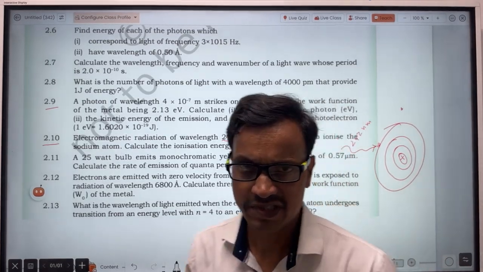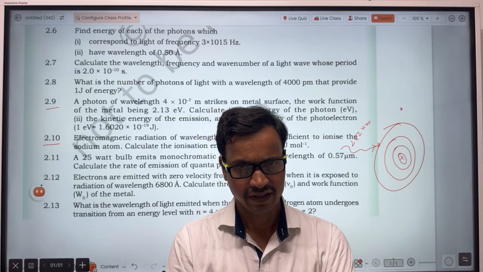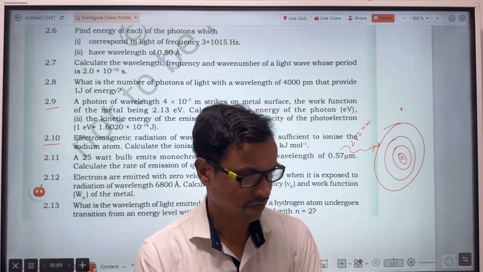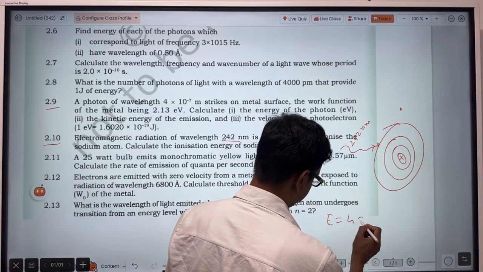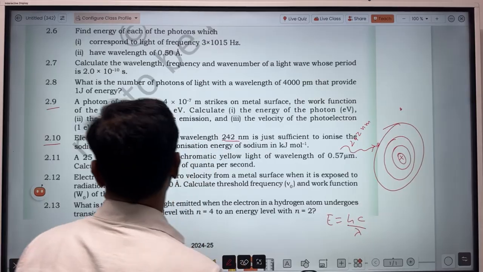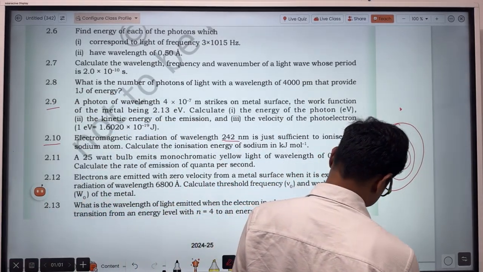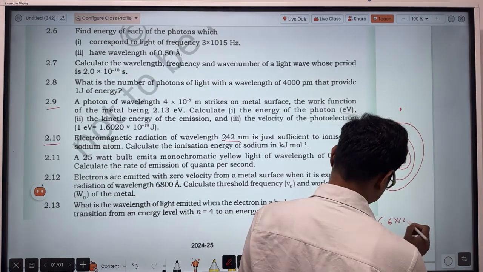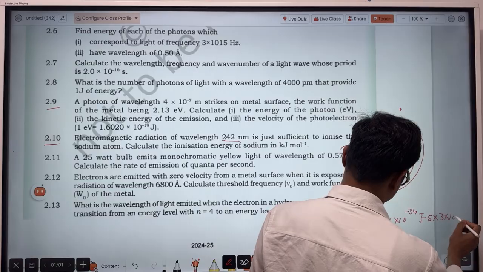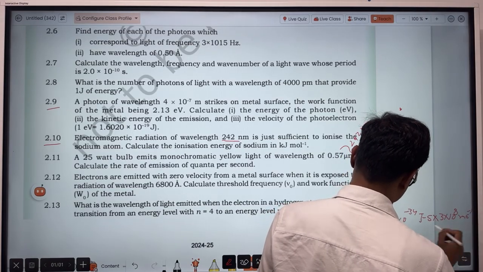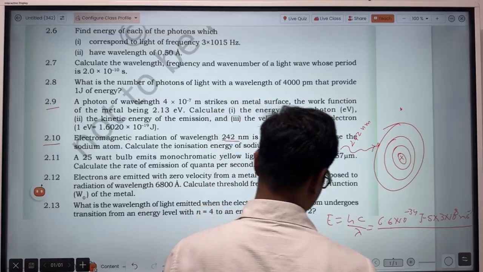Obviously, the energy has been supplied in the form of electromagnetic radiation. How much energy is supplied? E equal to hc upon lambda, because the wavelength has been provided. Lambda is 242 nanometer.